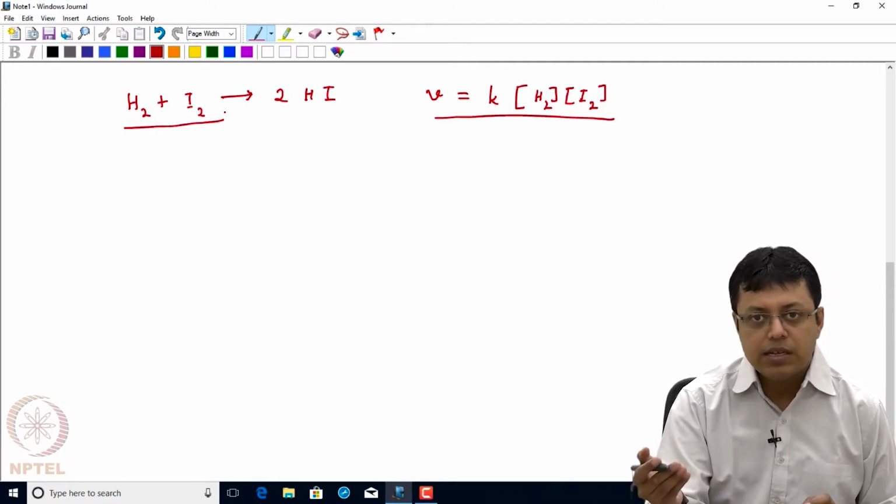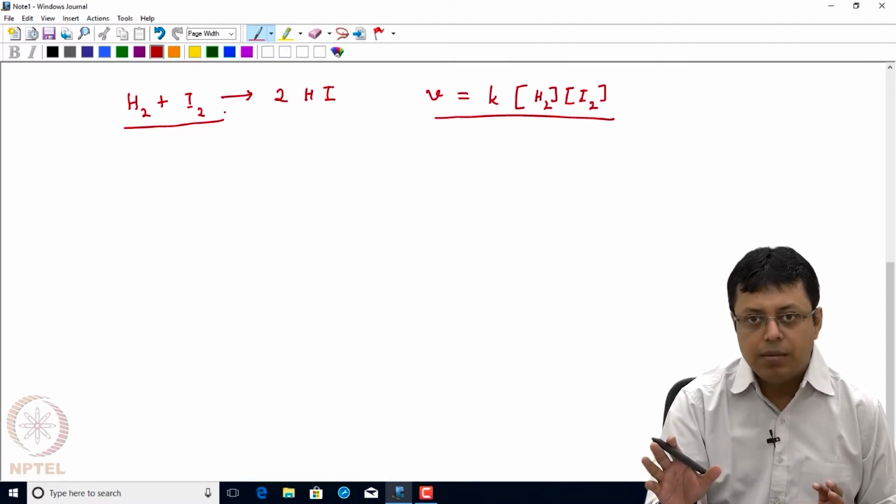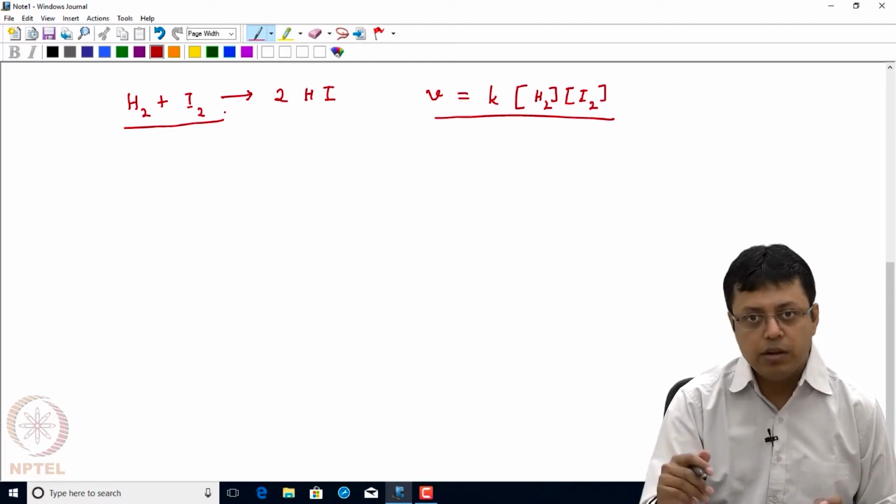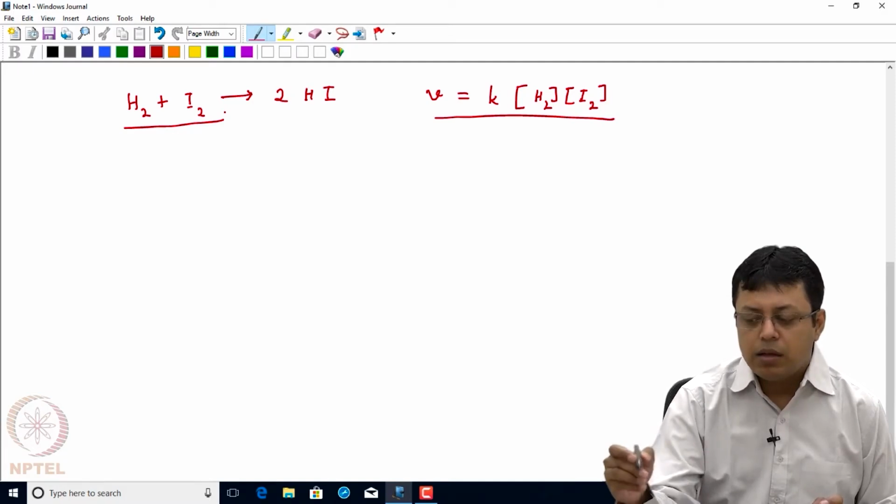In many cases, it in no way means that in the reaction, the way it was proceeding, hydrogen and iodine molecules came together and then collided. The rate is nothing but the number of collisions per unit time, so it is connected to that quantity.